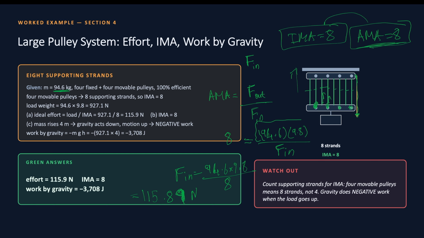So work is just, if you remember, force times distance, right? My force here is 94.6, which is force of gravity. 94.6 times 9.8. So what's that? 927.08 times D is equal to work done by gravity.